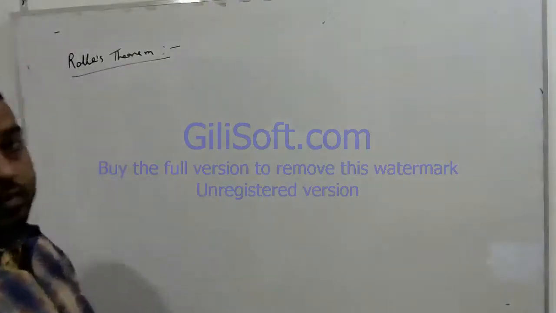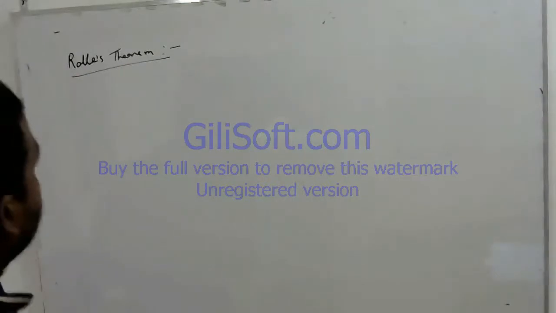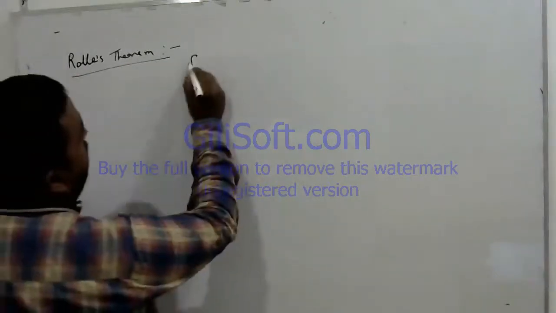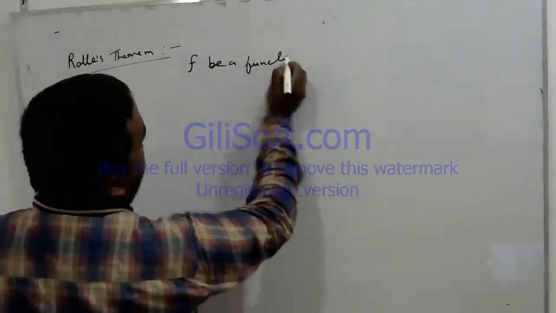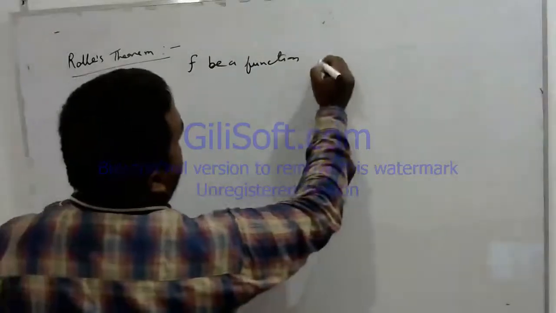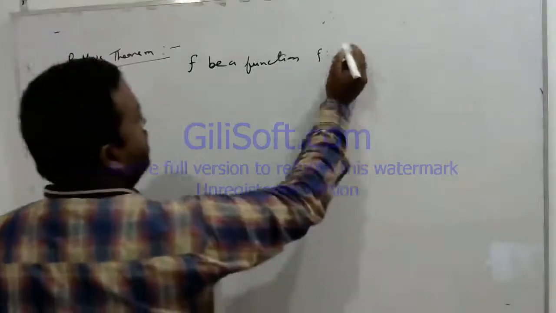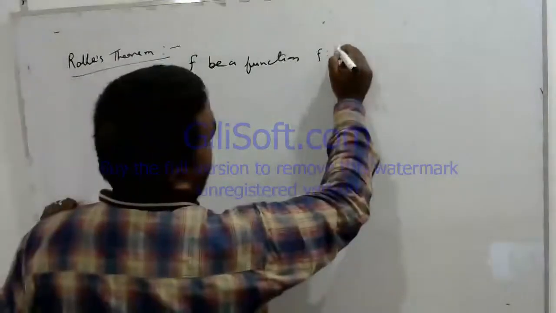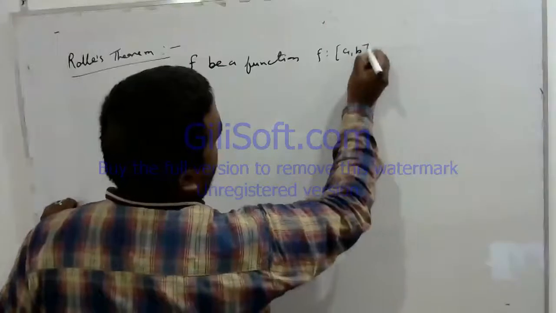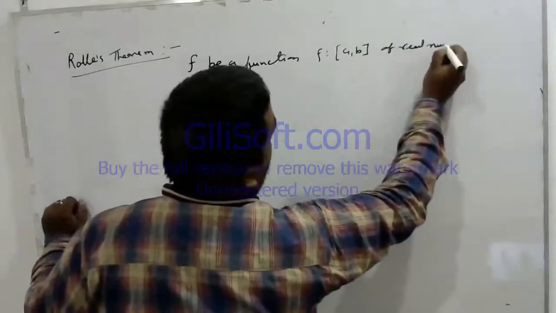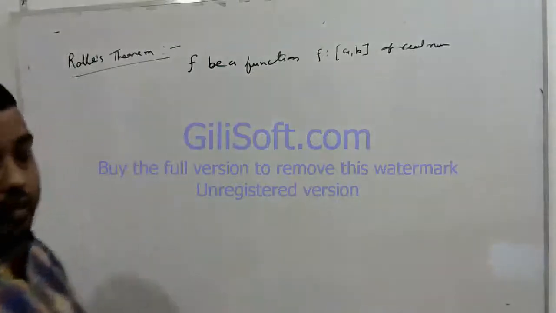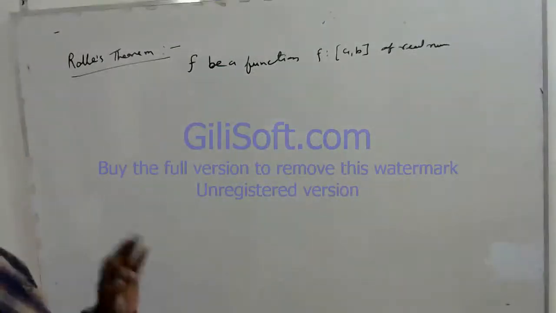In Rolle's theorem, the statement is that let f be a function of a real number. There are 3 conditions.